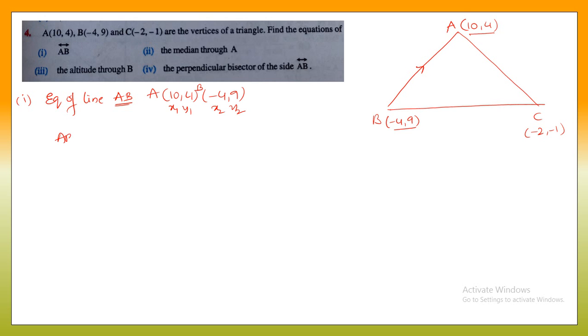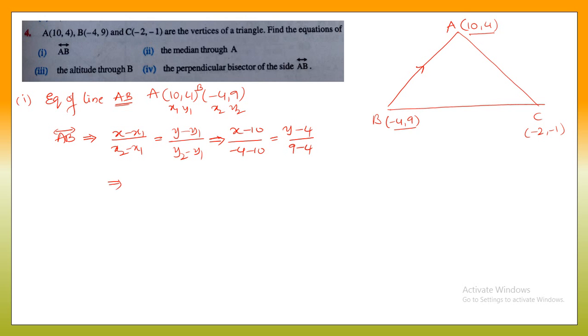So line AB is given by (x - x1)/(x2 - x1) = (y - y1)/(y2 - y1). Whenever you see 2 points, directly use the 2-point form. So (x - 10)/(-4 - 10) = (y - 4)/(9 - 4).